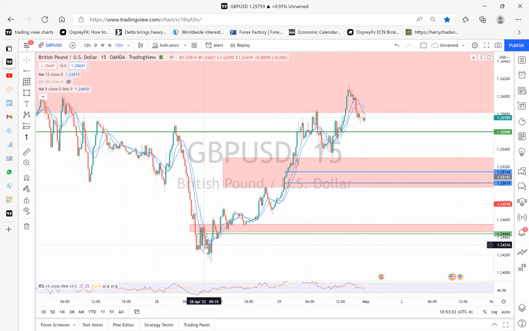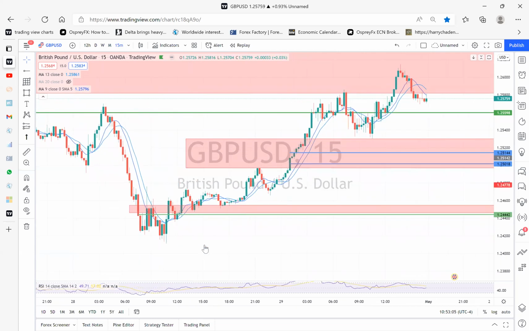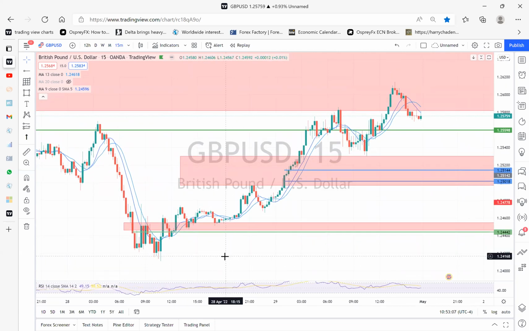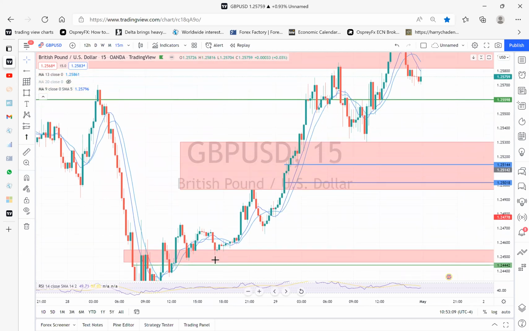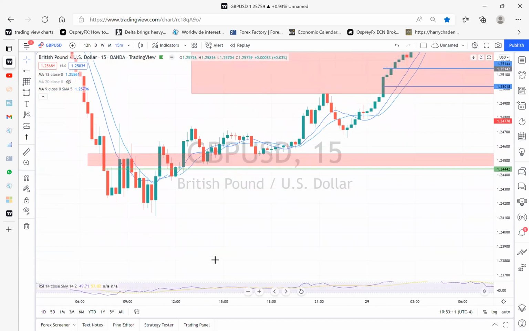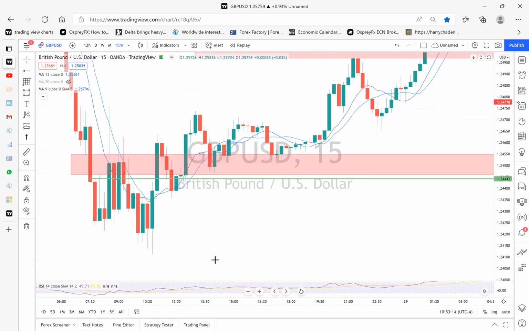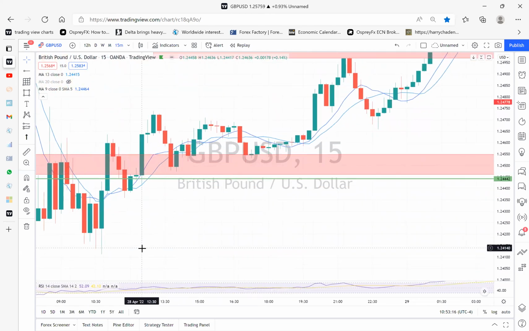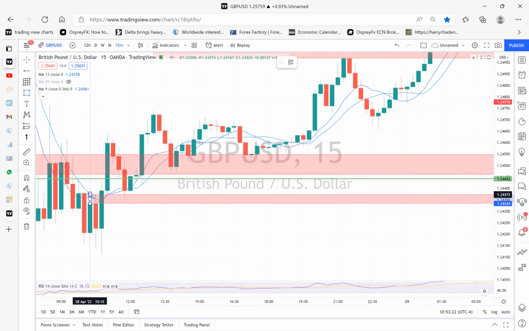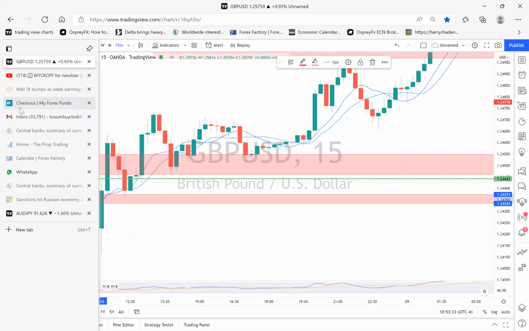If I was marking this up solely off Wyckoff, I would have been interested in this imbalance, right? Price pushes up, it comes back, it fills the imbalance, and then you're good to go.